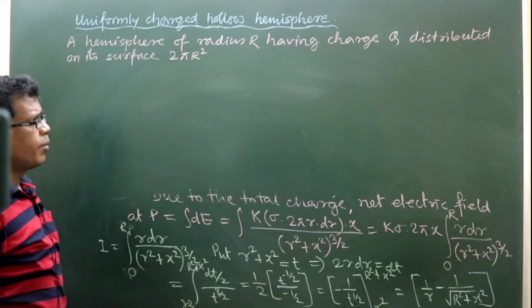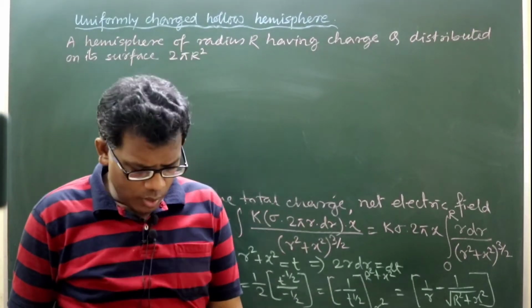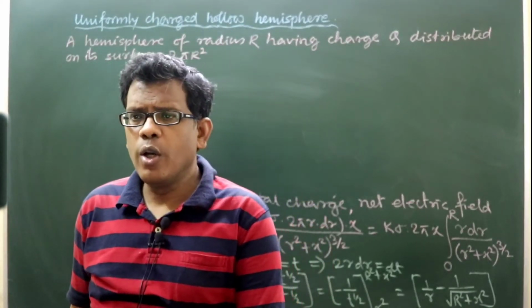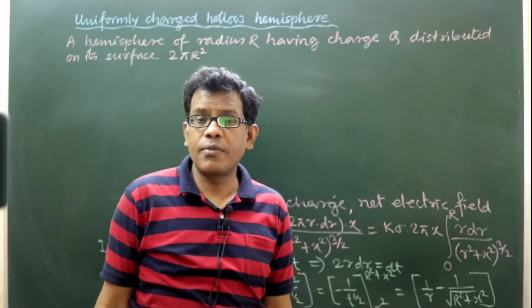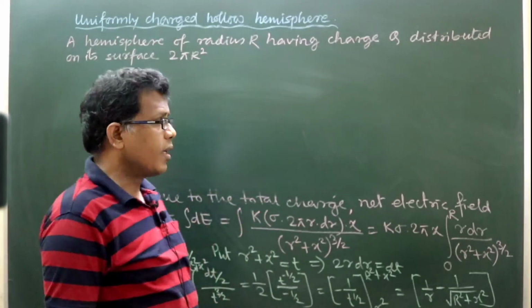Because we are talking about a hollow hemisphere, the charge must reside on its surface, and the surface is 2 pi r square.